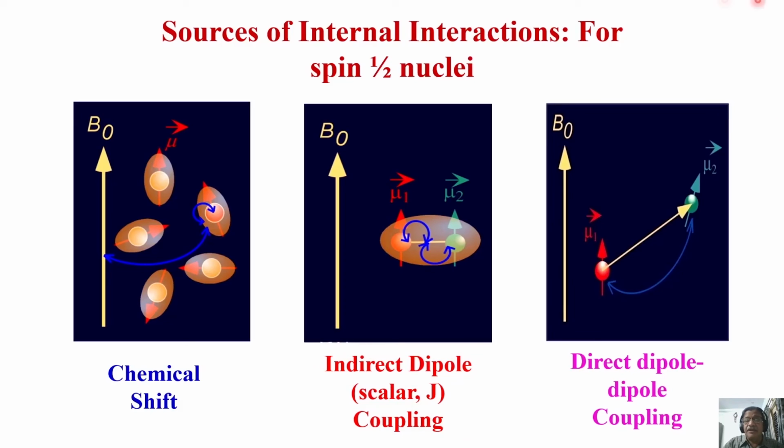The next one is the dipolar coupling, which I said is a through space interaction. Between these two spins there is a covalent bond here, but there is no covalent bond between this and this. The interaction is going through space. This is called dipole coupling. Nuclear spin is a dipole, as I told you, and this dipole-dipole interaction takes place directly.